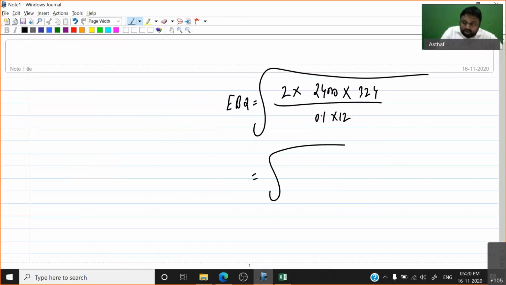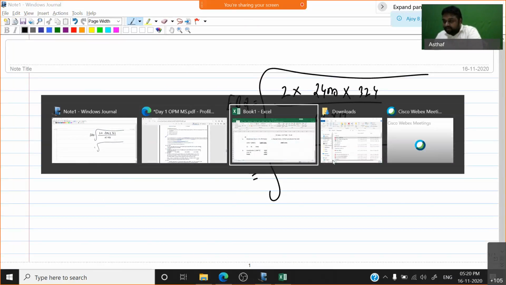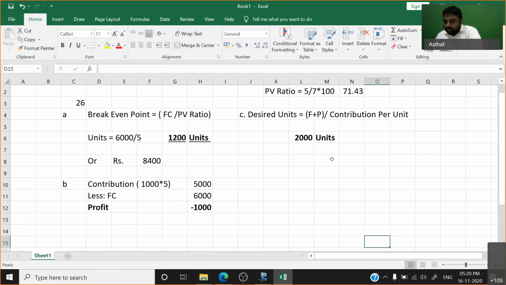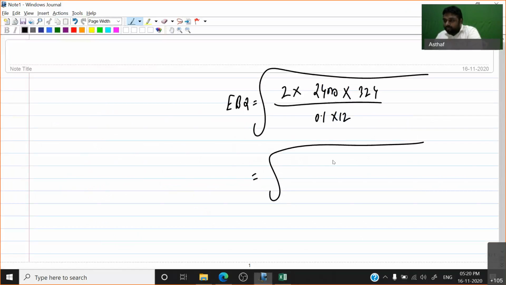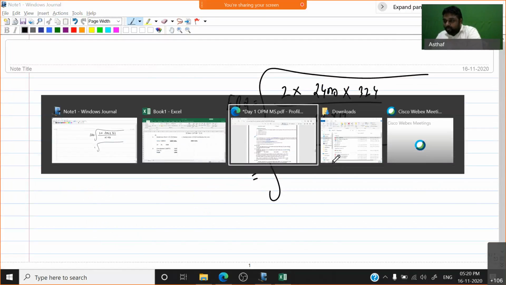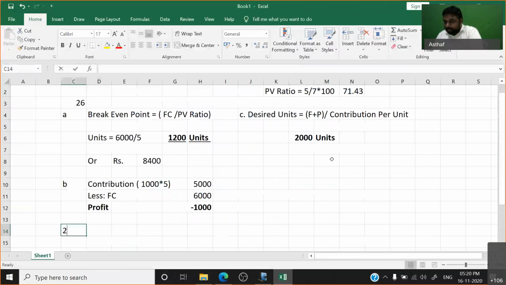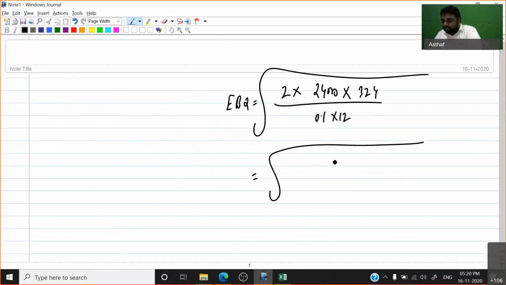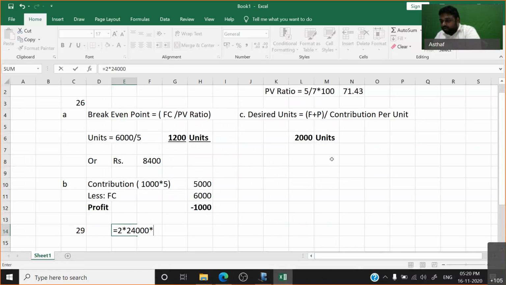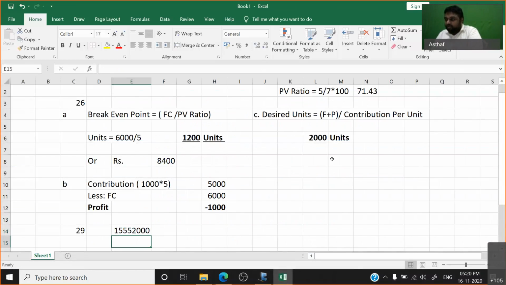So the calculation is root of 2 into 24,000 into 324, divided by 1.2.